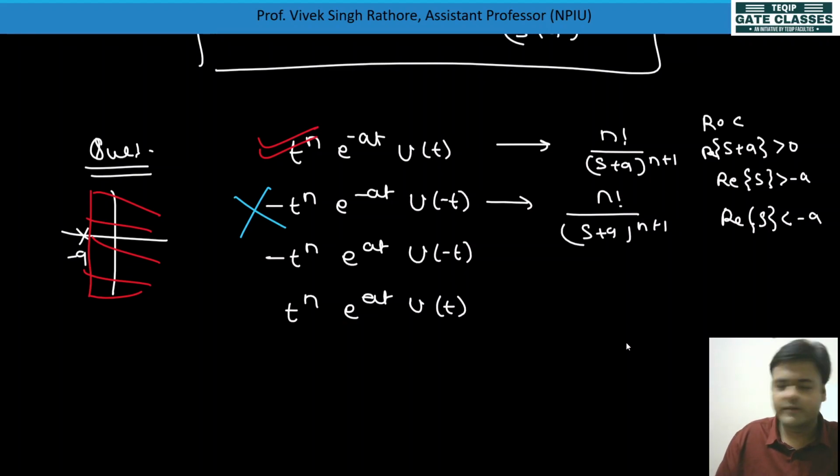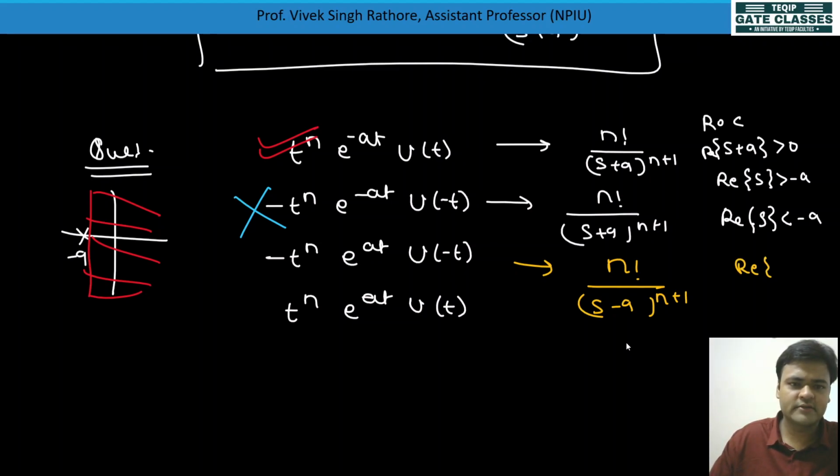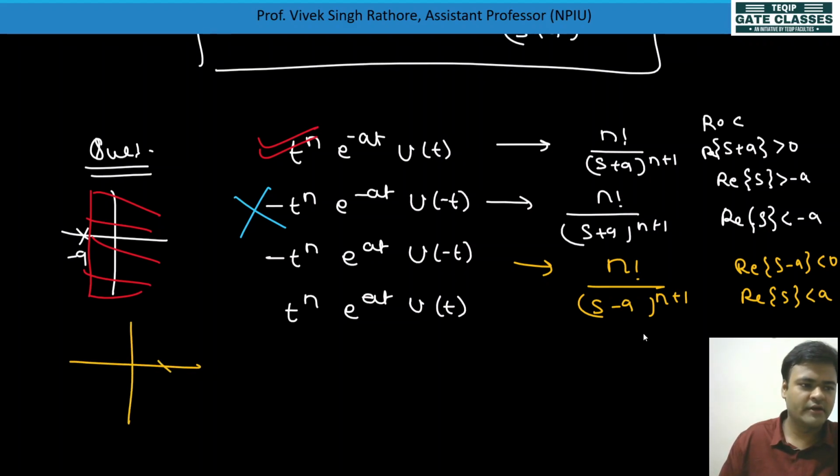And then if you see this type of system, this is n factorial by s minus a to the power n plus 1. And here real part of s minus a will be less than 0, so real part of s is less than a. So if a is there, its ROC will be here.